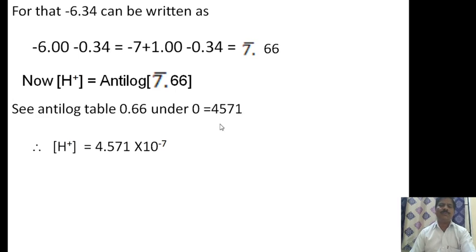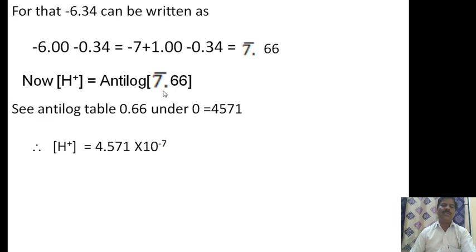Therefore you put 4571 as it is, and you shift the decimal point one place from the right side, that is 4. After 4 you put the decimal point, and the remaining numbers will be the same. And this is the bar value, so it should be written in the form of an index, that is 10 to the power of minus 7.